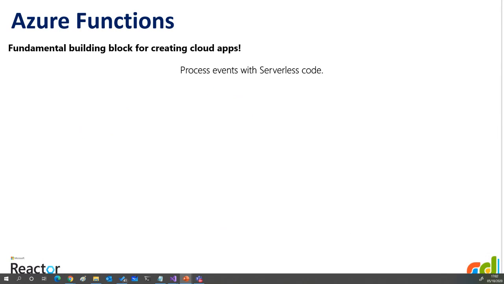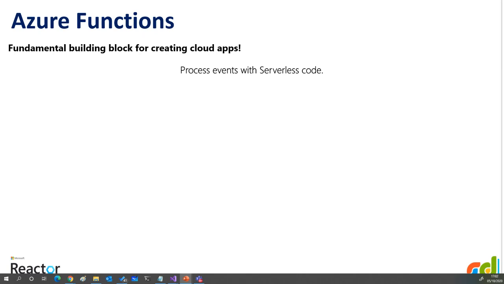We are talking today about Azure Functions. I hope that all attendees have heard a bit about Azure Functions. Azure Functions, as a formal definition, are a serverless compute service that permits you to run event-triggered code in the cloud without having to explicitly provision or manage infrastructure.